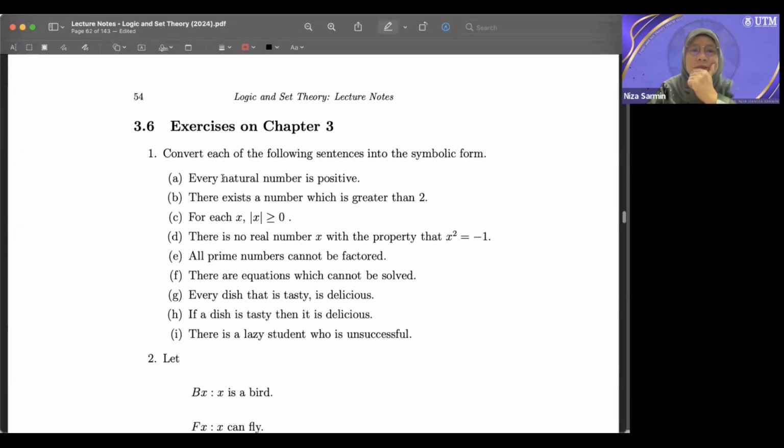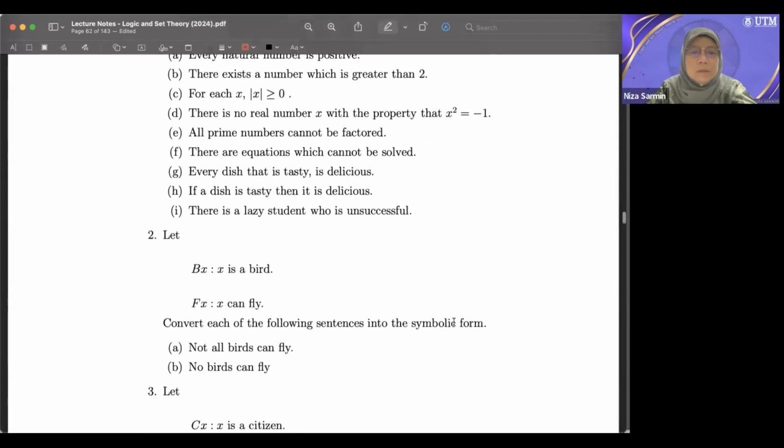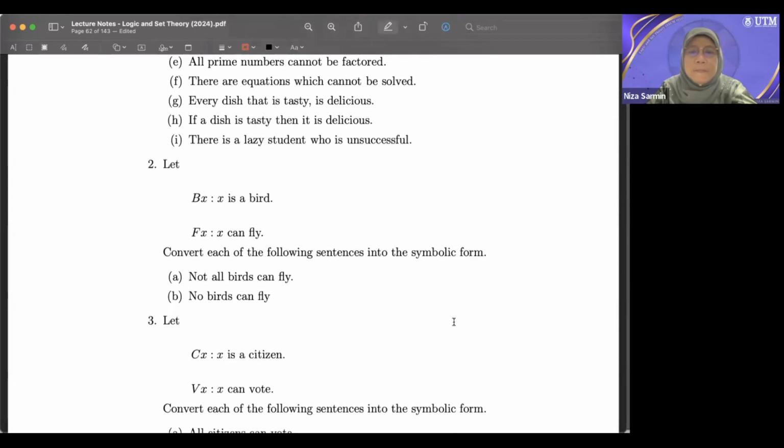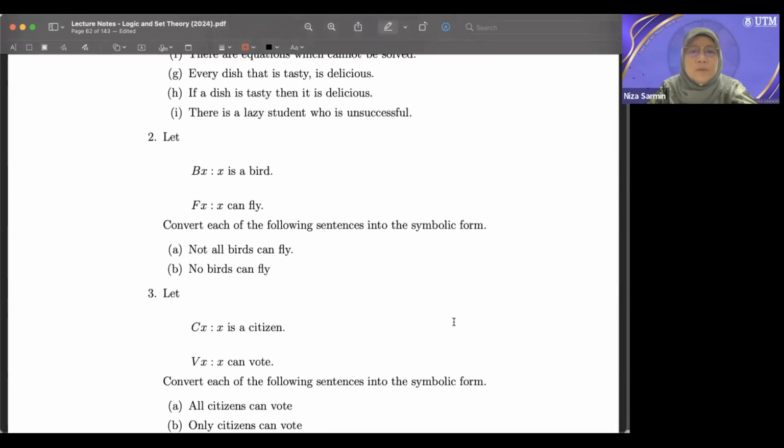This one is just every natural number, for all X. For all X, X in N, right? Implies X bigger than 0. Right? So this one, I think straight away, I'll convert into symbolic.